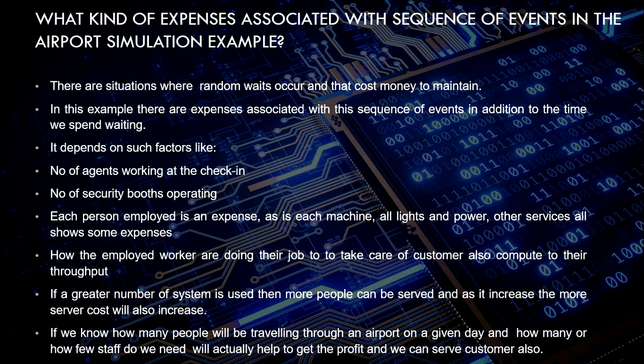How the employed workers do their job of taking care of customers also contributes to the throughput. If a greater number of systems is used, meaning more booths or more people, then more people can be served, but the server cost will also increase.